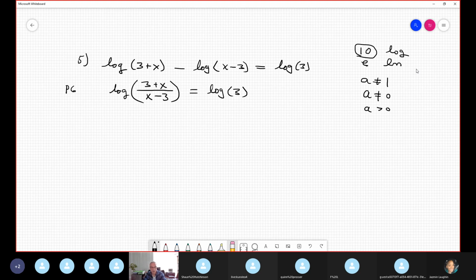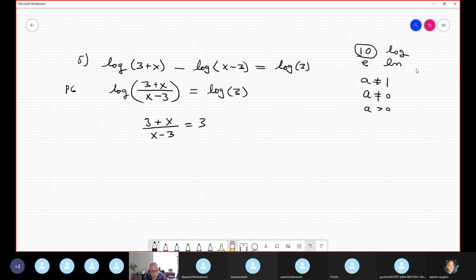Now I take advantage. We have a logarithmic equation, but I can convert it to a linear equation because we have 2 logarithms and the base is the same. I know that it's a 1-to-1 function, therefore the expressions inside should be the same, and the logarithm disappears. I don't like to cross out; this is not good.